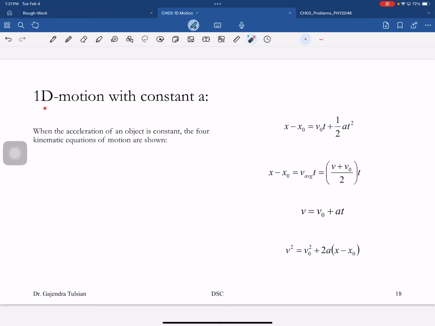Now I'm not going to derive any of this, so we'll just give you these equations. For motion in one dimension with constant acceleration, this is the displacement as a function of time, or you can think of this as giving the position as a function of time.